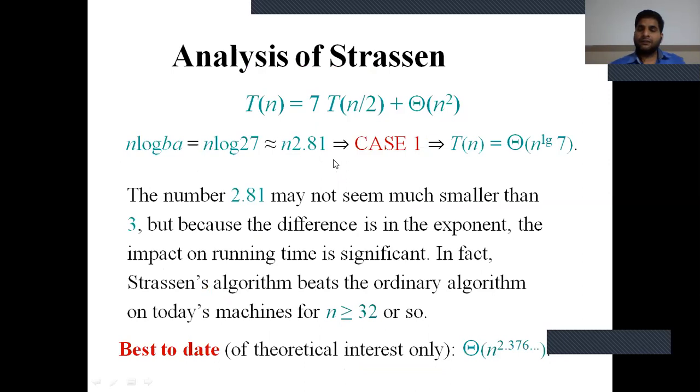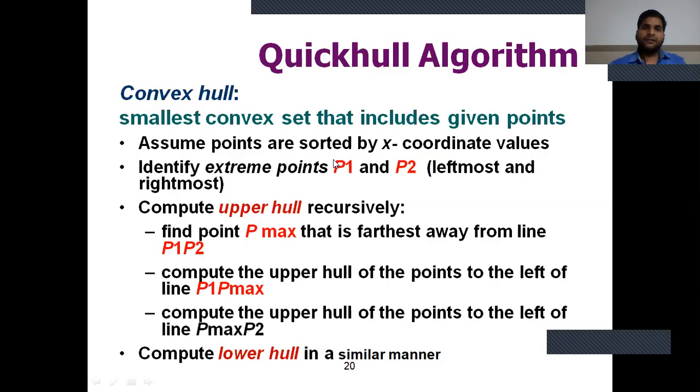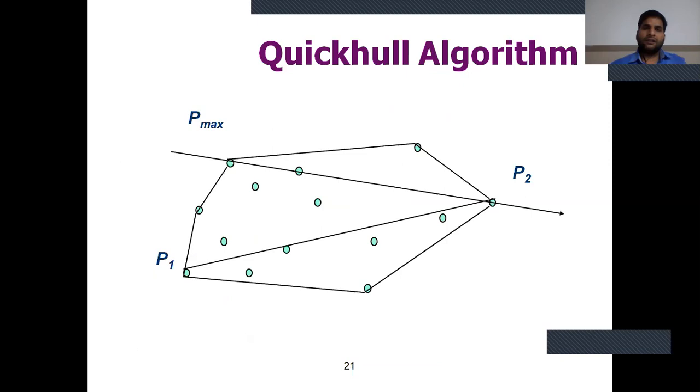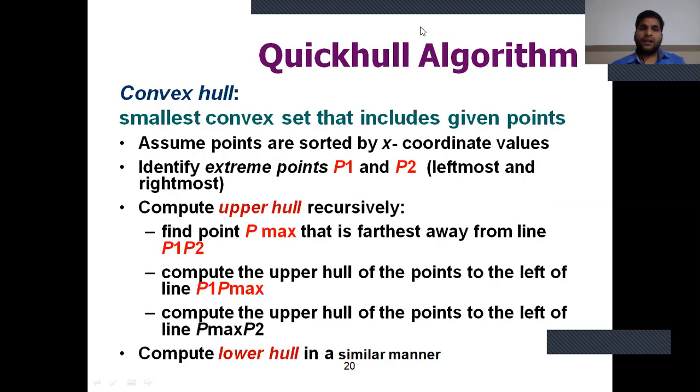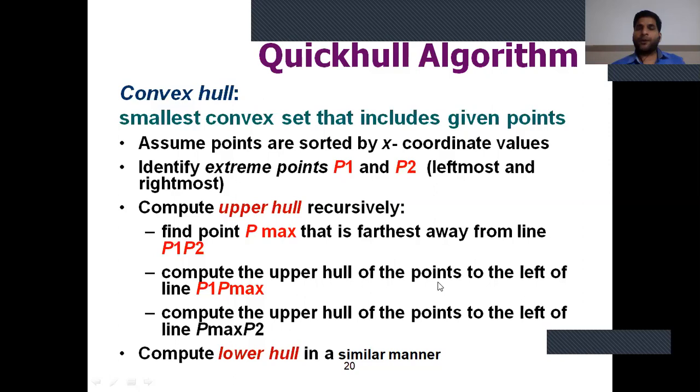Find the point P max that is the farthest away from the line P1 P2. The farthest from P1 P2, the upper point, we found it, we found P max. Compute the upper Hull of the points to the left of line P1 P max.